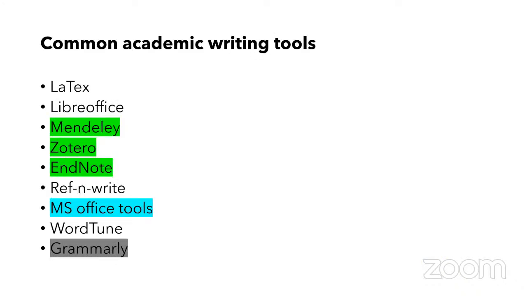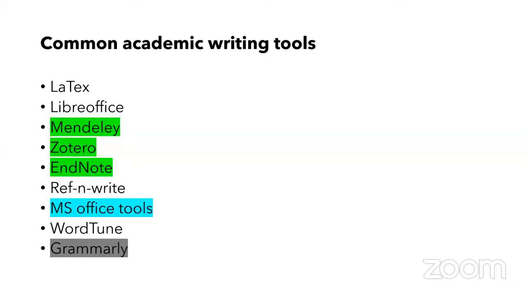Now, when people do academic writings, what tools do they use? What I've put up here is not exhaustive. This is not essentially everything there is for us to be able to say the tools we have to do academic writing. This is not everything. But I say common academic writing tools.